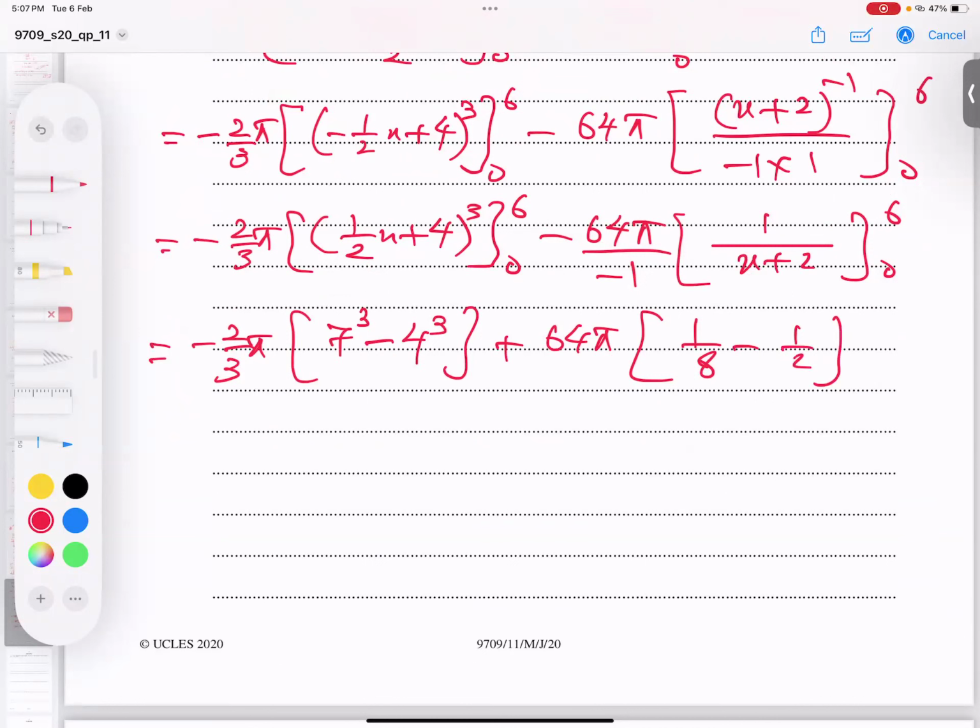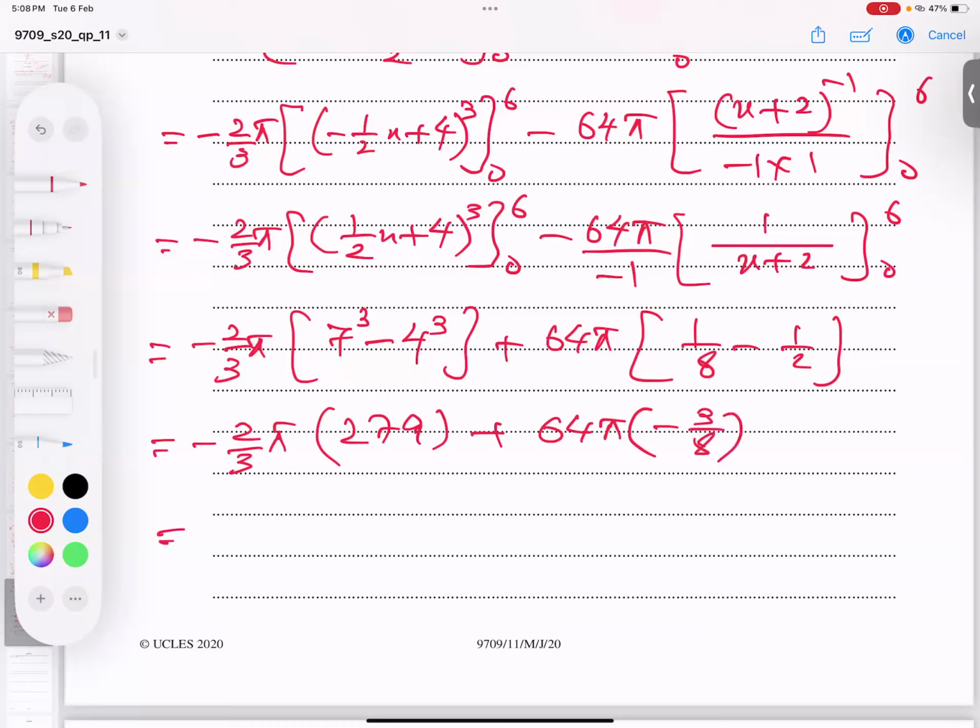Now the rest is just typing in the calculator, which I'm doing now. 7 to power 3 minus 4 to power 3. I'm writing inside 279 I get from here. Hold on, let me type this properly. 1 by 8 minus 1 by 2. I get negative 3 by 8.